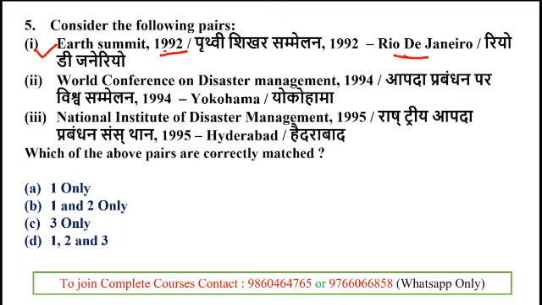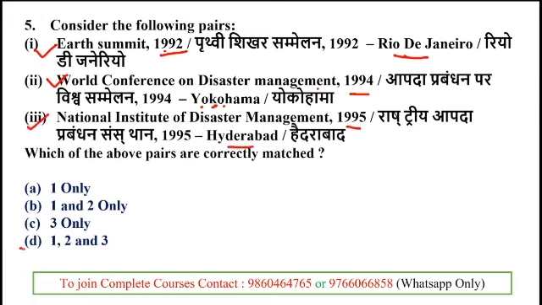Clear. And then the World Conference on Disaster Management, that is in 1994, and that is Yokohama. The management conference was held in Yokohama in 1994. That's also right. And then the National Institute of Disaster Management, 1995, is located in Hyderabad. That is also right.